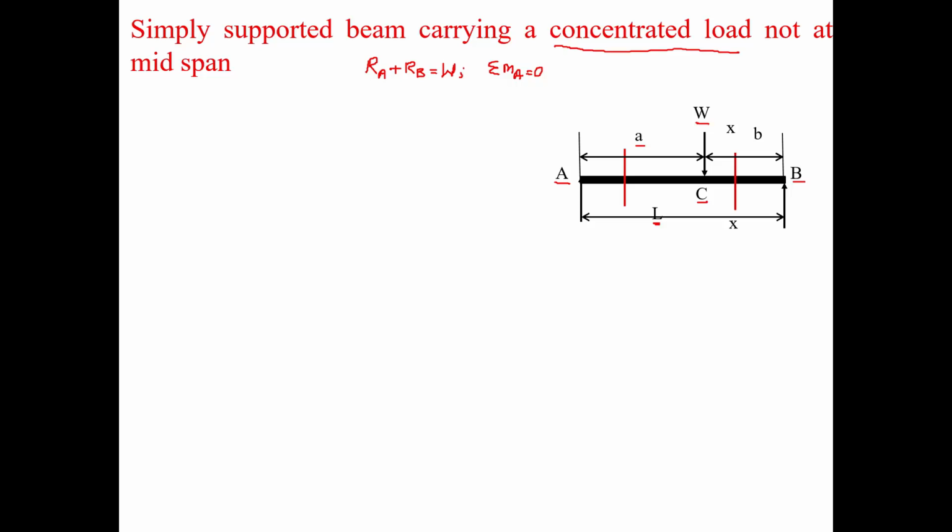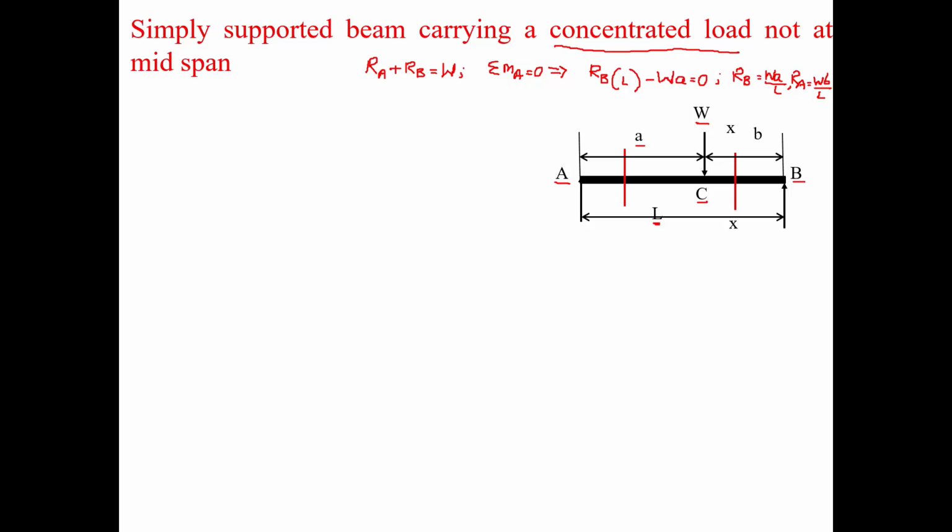Applying sigma MA equal to 0, I get RB multiplied by L minus W times a equals 0. That gives me RB equal to Wa by L, and at the same time I get RA equal to Wb by L.